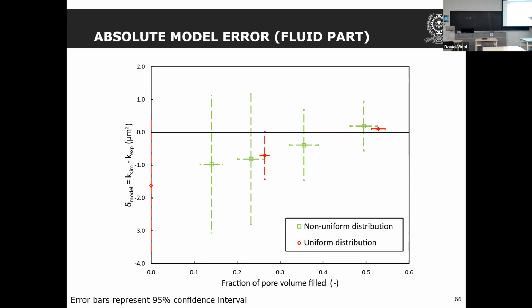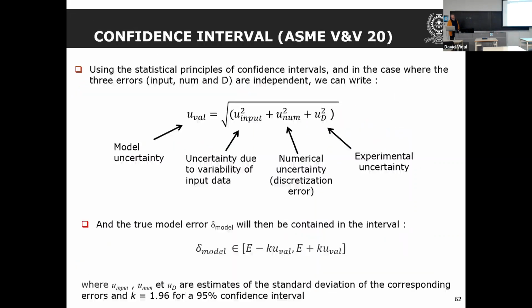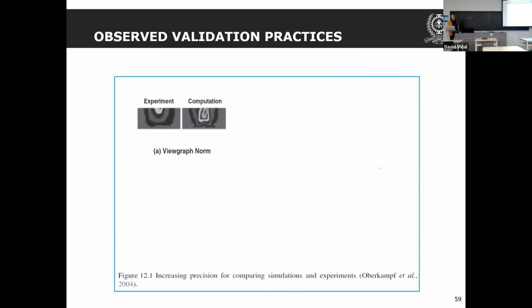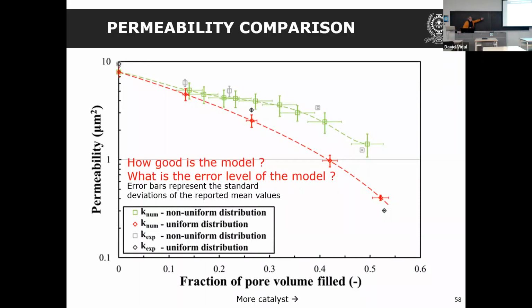So you see for the uniform distribution, we're getting error bars almost all the time crossing the 0 line, except for this one. And actually, you see that there is a trend here. Why? It's because if we go back to the permeability, of course, the permeability is changing quite significantly.